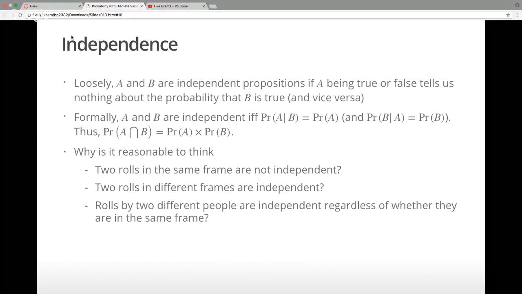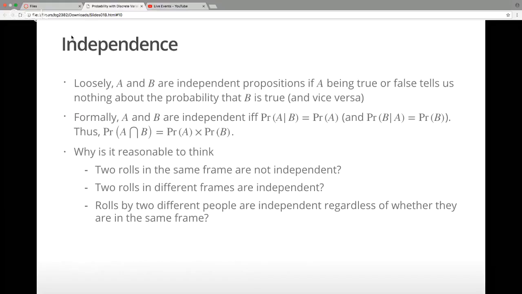But even if you only knock down 7, it's not the case that you can just take the probability of 7 and multiply it by the probability of 3 to come up with a probability of a spare. You need to be multiplying by the probability that you knock down 3 of the remaining 3.